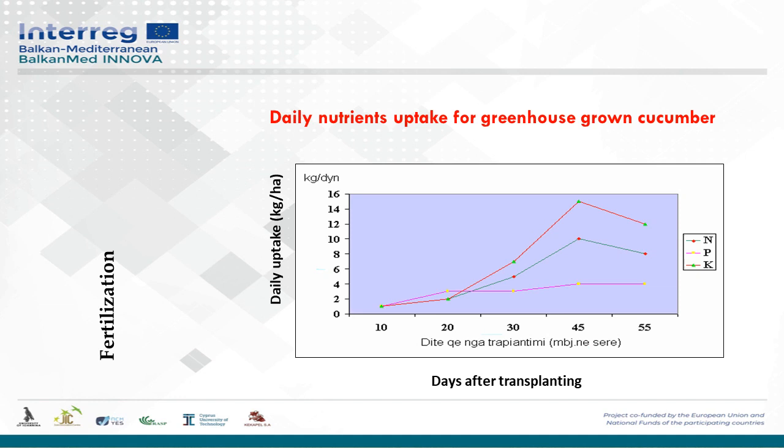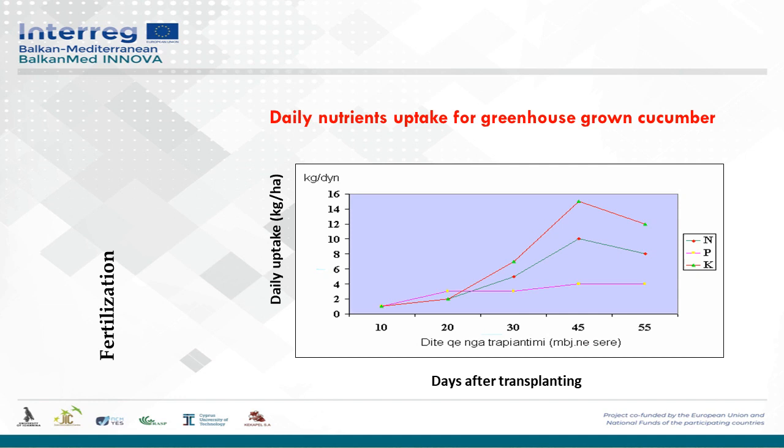The cucumber crop is also a very high demanding crop regarding the soil fertility, and we could obtain good yields only if we supply enough nutrients.